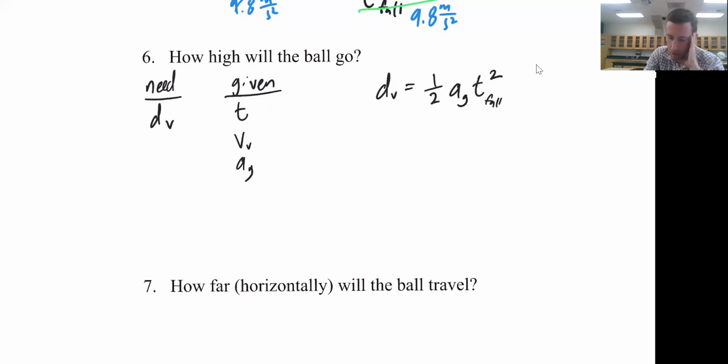Okay, so now I know specifically which values I need. I don't need the vertical velocity. That's not in the equation. Acceleration due to gravity is equal to 9.8 meters per second squared. And the time that I want is the time of the fall, just one direction.